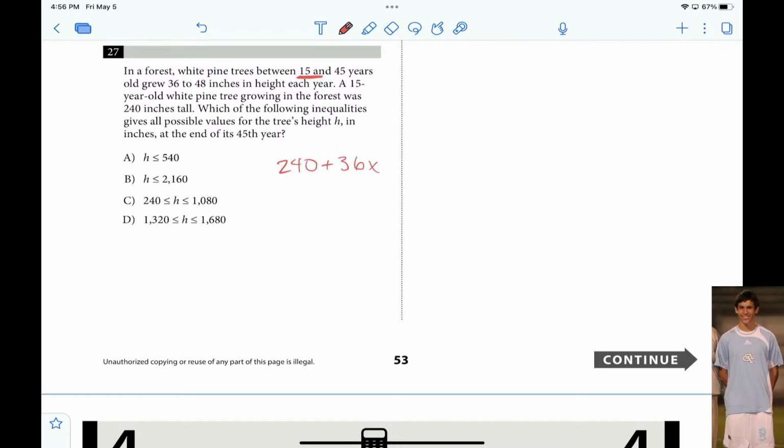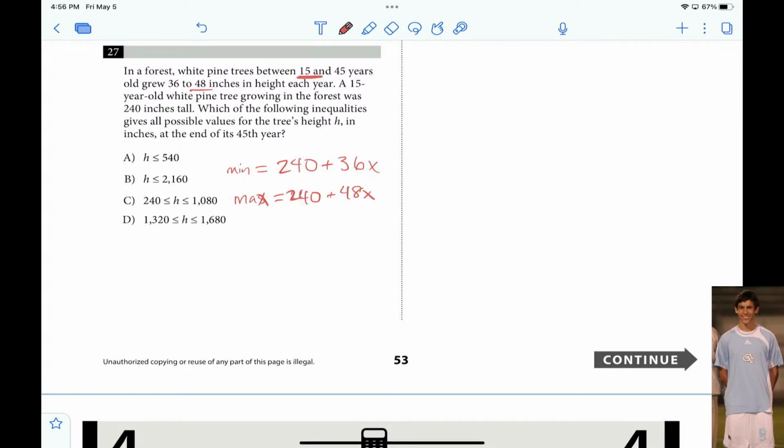That's the smallest it's going to be. So this is the minimum. We'll say the minimum is going to be the 240 plus the 36 times however many years. And then the maximum height, spelling max with an x, is going to be that 240, but growing its maximum each year, which was 48 inches.